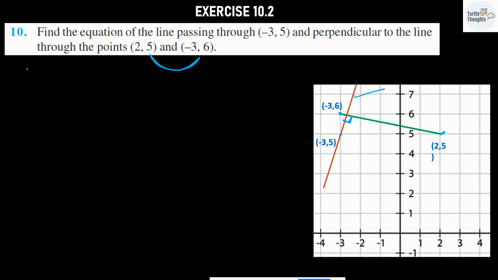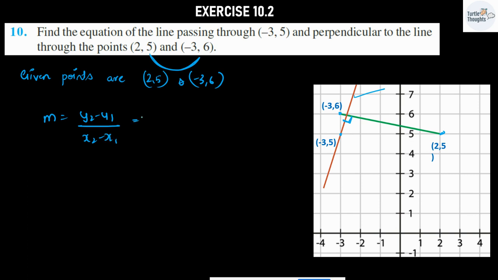Let me take the given points. The given points are 2 comma 5 and minus 3 comma 6. So when I know two points, can I find out the slope? Yes, right. So the slope is given by y2 minus y1 divided by x2 minus x1.